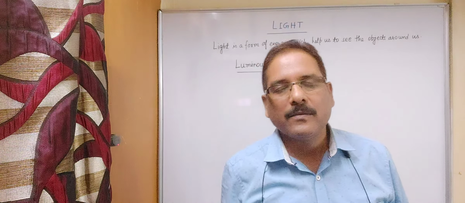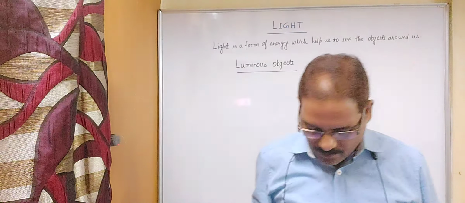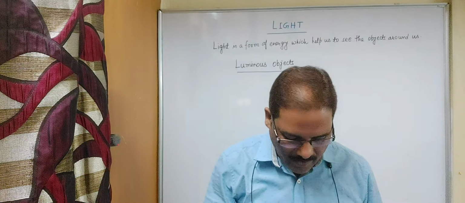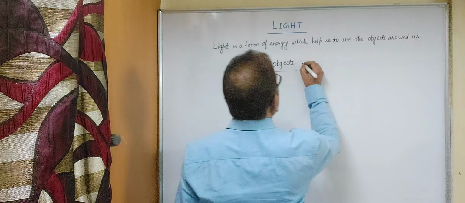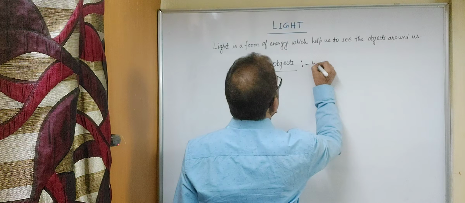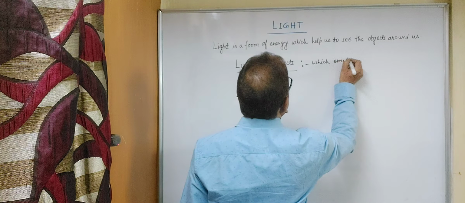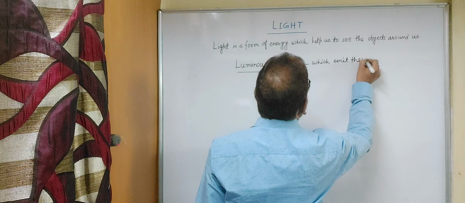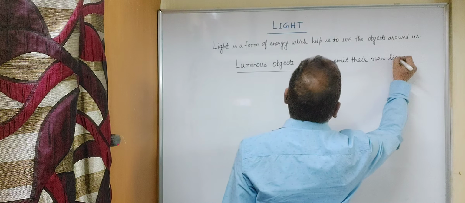Objects which have their own light. They emit light of their own and are called luminous objects. So, we can say luminous objects are those which emit their own light.